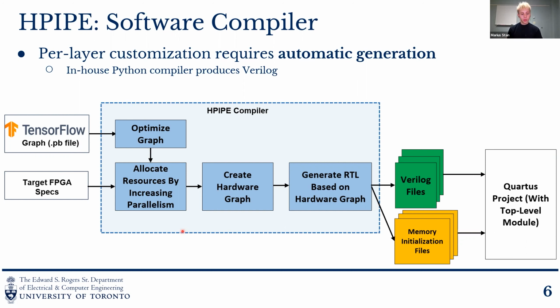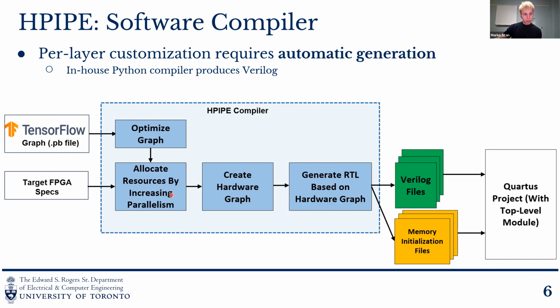How this works is we take the slowest layer and then we increase the number of multipliers in that layer so it can perform more computations in parallel and run faster. And we keep repeating this process until we run out of multipliers on the FPGA. In this case, we run out of DSP blocks in the baseline design.